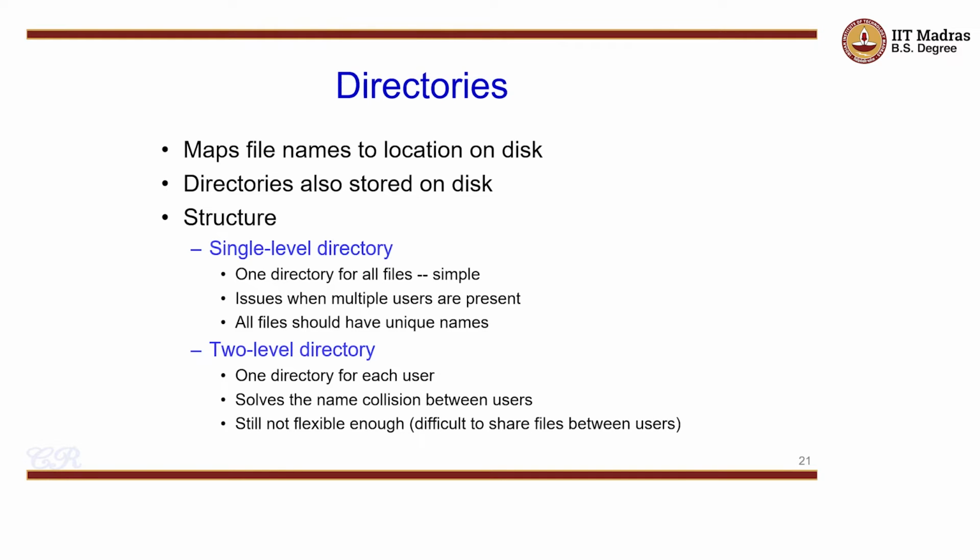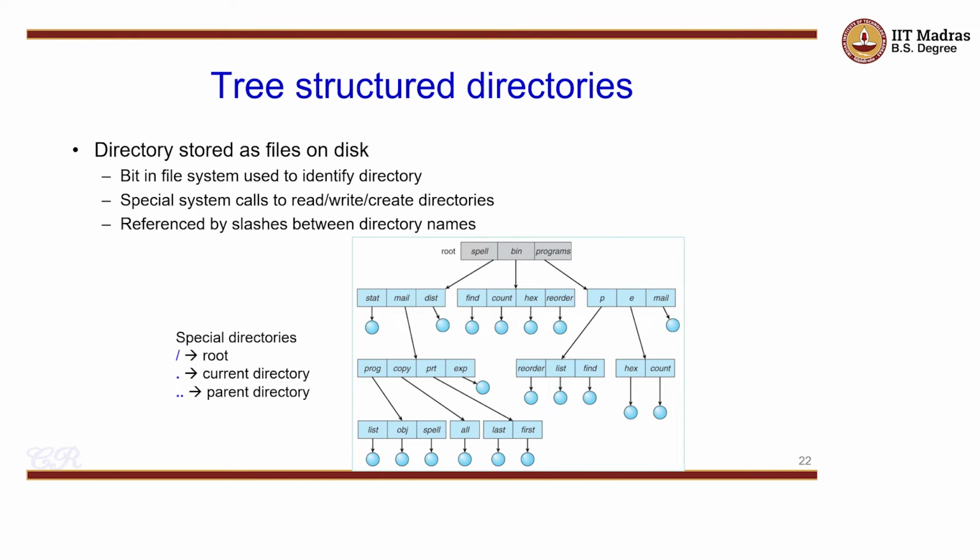The two level directory structure solves this problem to a certain extent. So for instance, with a two level directory, each user is given one directory, right? But it's still not very flexible. So what is currently done is that these directory structures are typically structured as a tree.